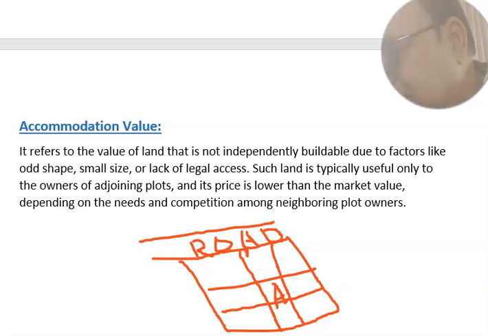The definition is the value of land that is not independently buildable due to factors like odd shape, small size, or lack of legal access.